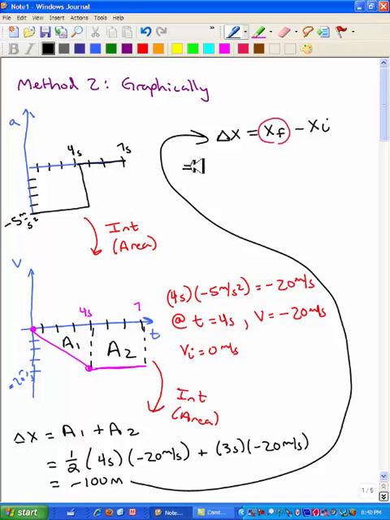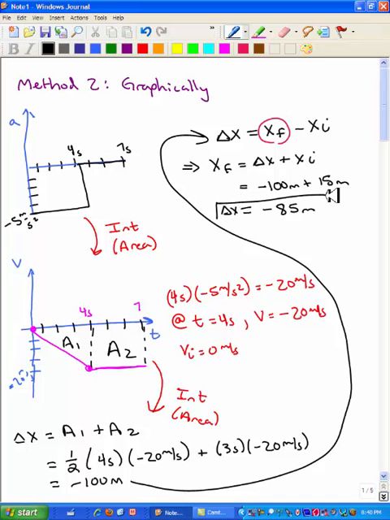Therefore, x final equals delta x plus x initial. Okay, our initial position was positive 15 meters, so I have negative 100 meters plus 15 meters, leaving you with negative 85 meters equals x final, and we are done.